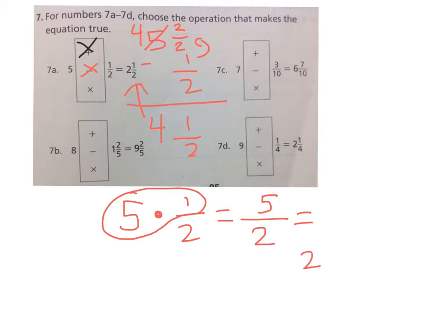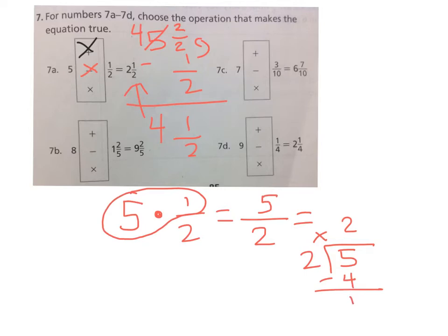5 divided by 2. So 2 times what equals close to 5, which is 2. 5 minus 4 is 1.